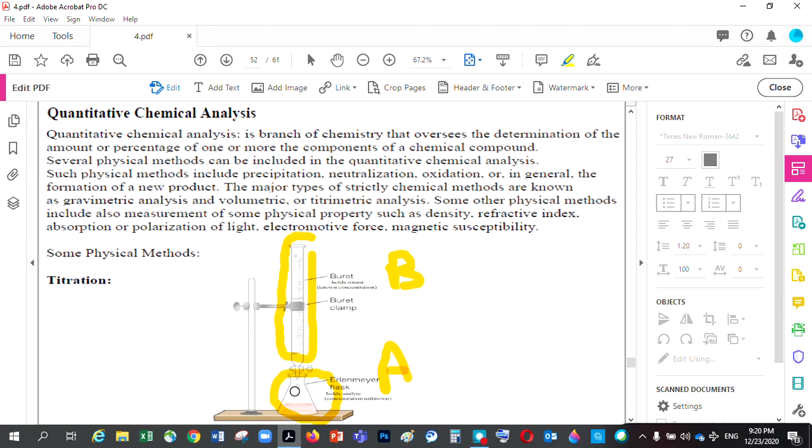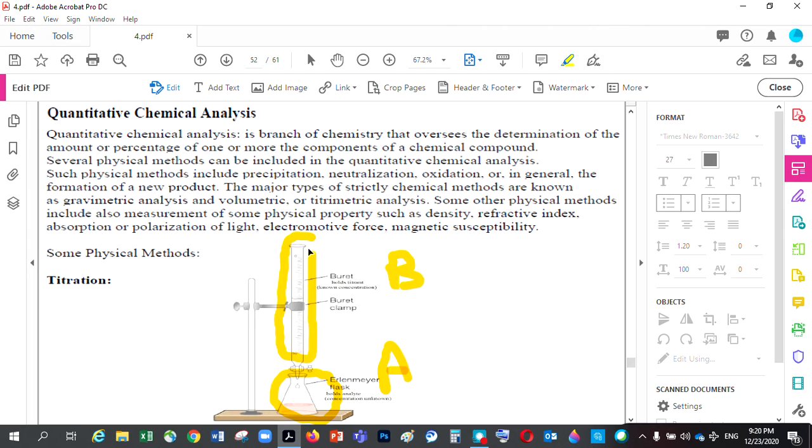And I titrate until the color of the solution turns from colorless, since phenolphthalein in acidic medium is colorless, to a light pink color. And therefore I stop the reaction. The reaction has ended, and therefore I can calculate the exact concentration of the acid.